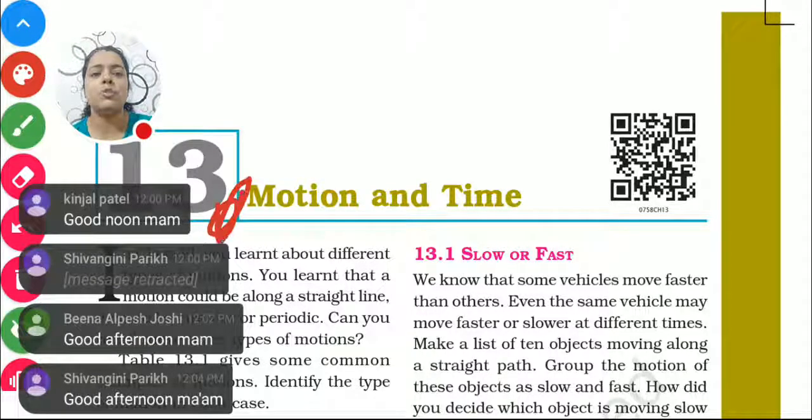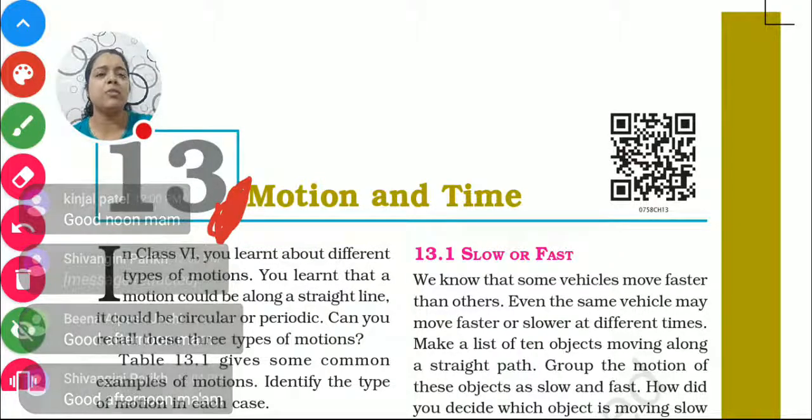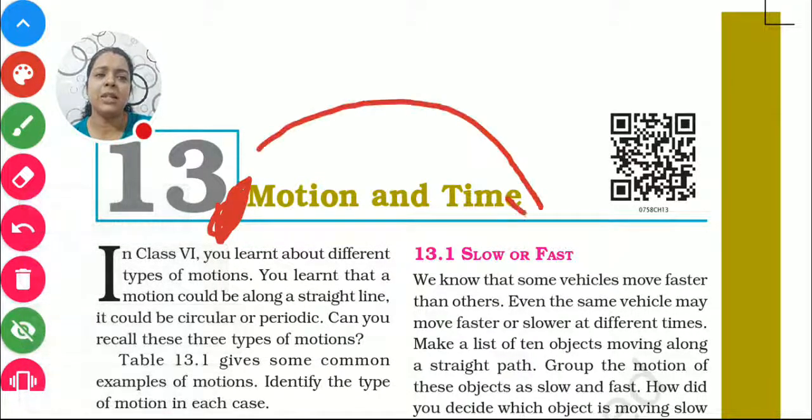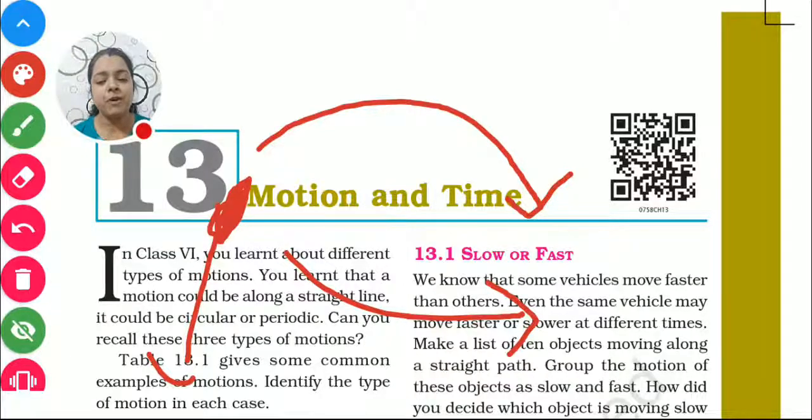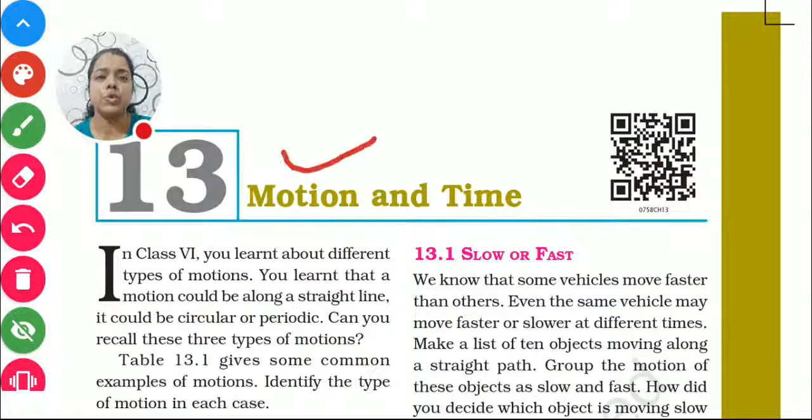I just take an object, there is an object over here, and if this object is moving from one place to another place, from here to here, here to here, means if there is a movement and replacement and displacement, I should say displacement actually. So if we talk about motion, motion means displacement of any item, any person from one place to another place. This is known as motion.